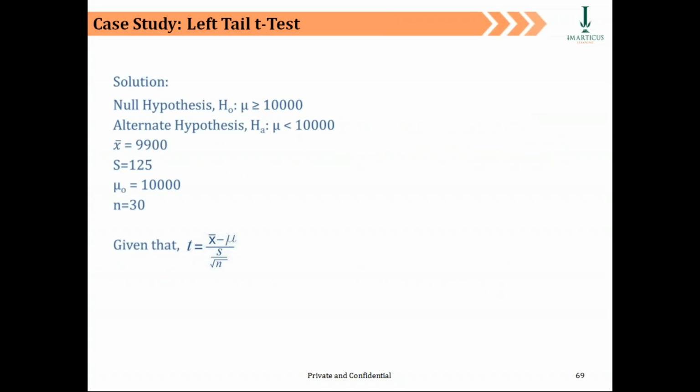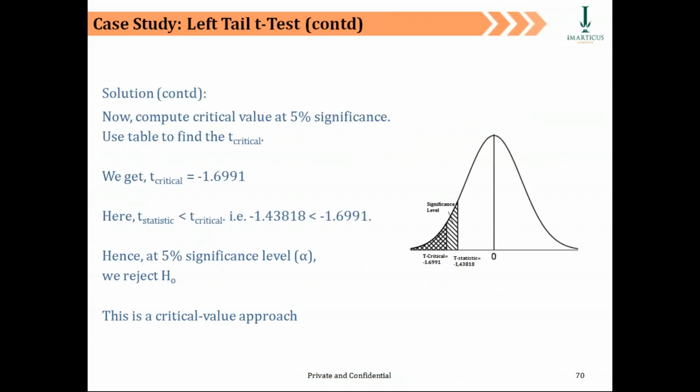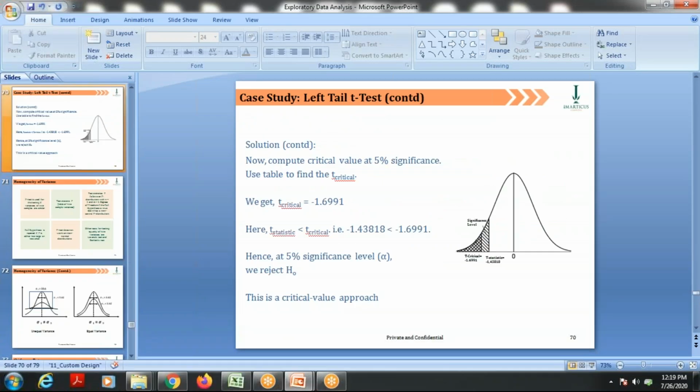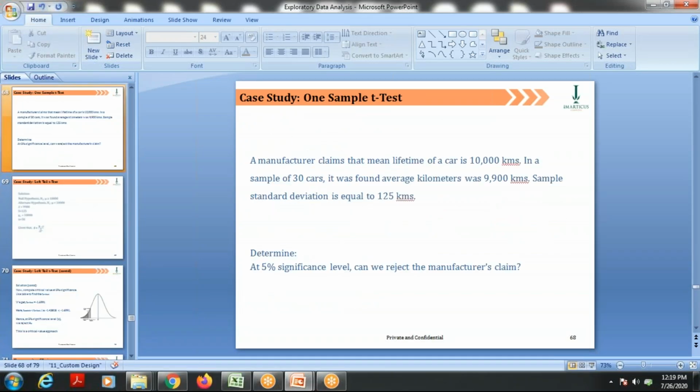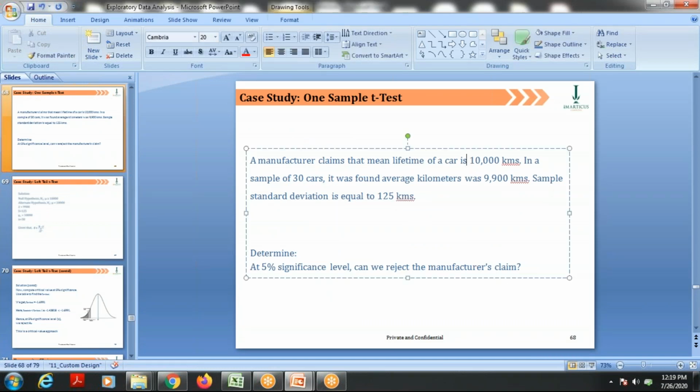This is your formula, and we are putting everything into the formula. Chinmay, but in the question he did not give at least or at most. Yes, I will add here, but that is sufficient. Claim that the mean lifetime of car is, he's giving an exact value.